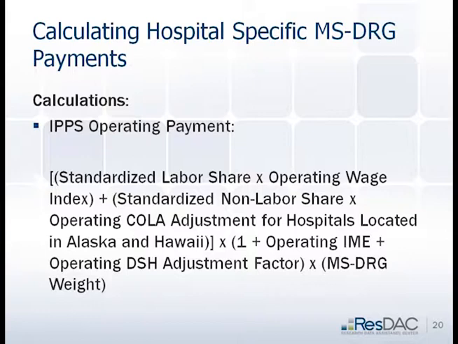Then you multiply that times these other adjustments. And in the formula itself, we use a 1 just to keep it simple. When you're using the data, there'll be a 0 in there, and you don't want to multiply anything by a 0. So you have one plus the operating IME and an operating DISH adjustment factor. They can be different from the capital adjustment factors. And then multiply that times the DRG weight itself.